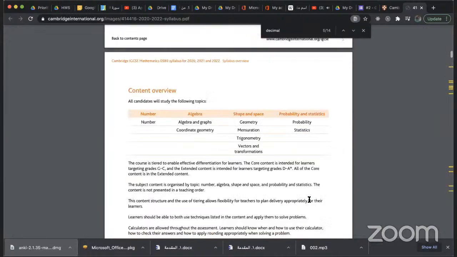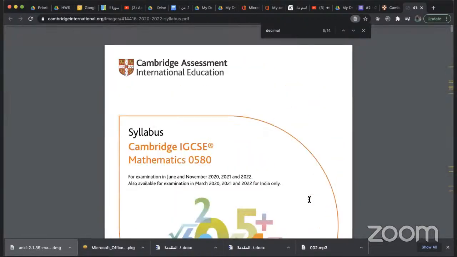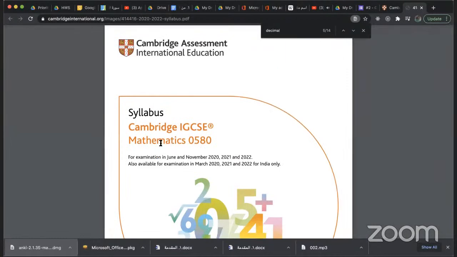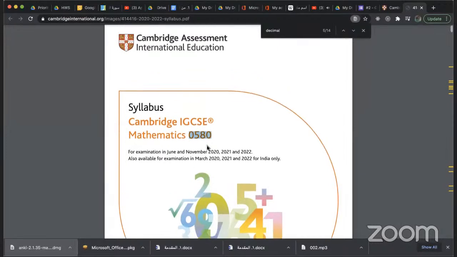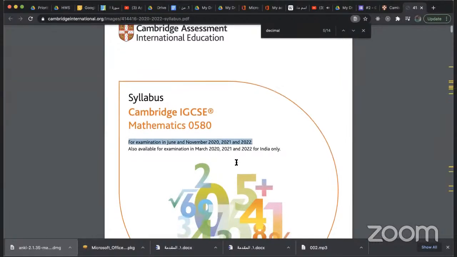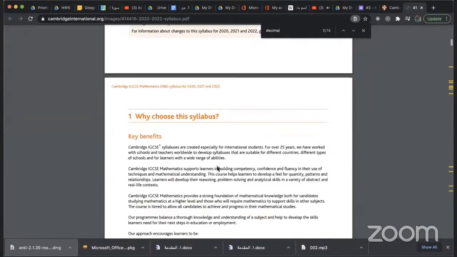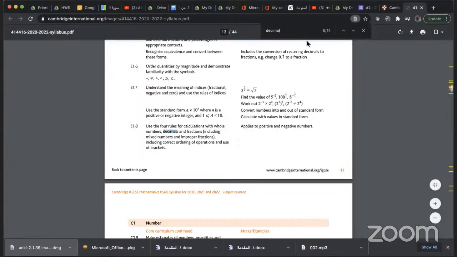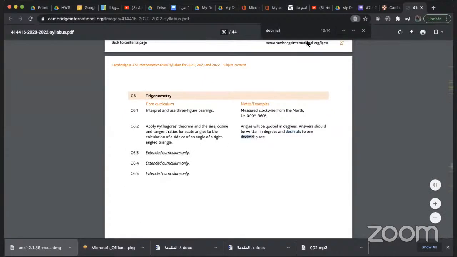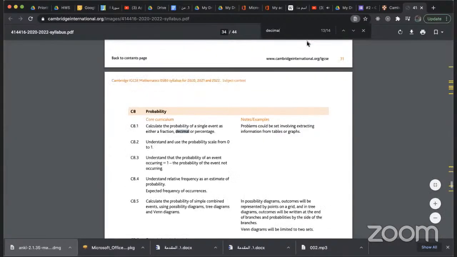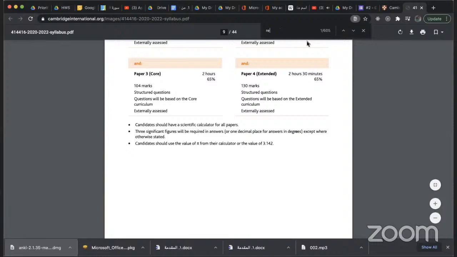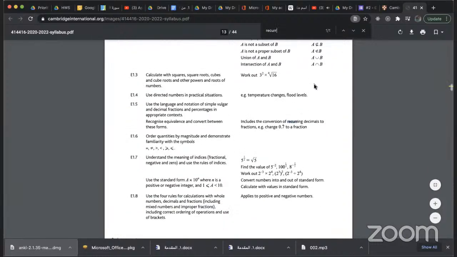This is the Cambridge IGCSE Mathematics 0580 syllabus for examination in June, November 2020, 2021, 2022. Let me find the word recurring. Here's recurring decimal.